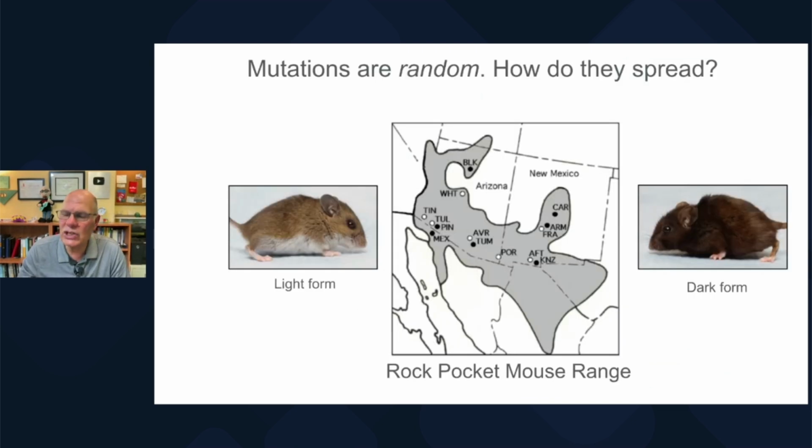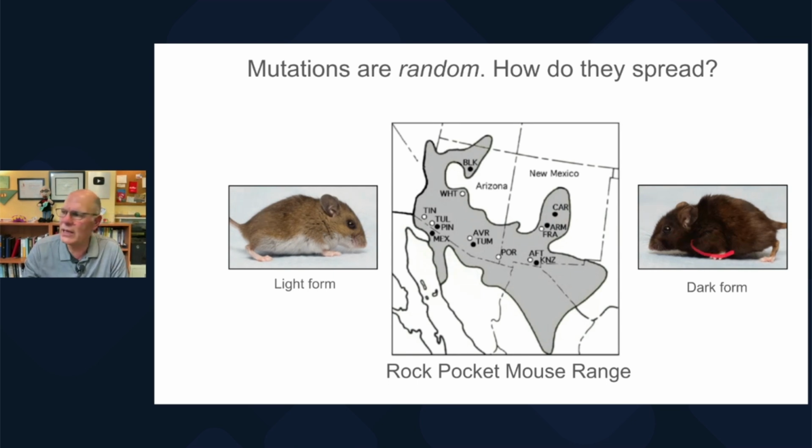So these mutations come about randomly. Organisms don't plan mutations, and the mutations don't arise in response to any need that the species is having. They just emerge randomly. So in mice that live in these light areas, you have the light form of melanin. In mice that live in these dark areas, you have the dark form of melanin.